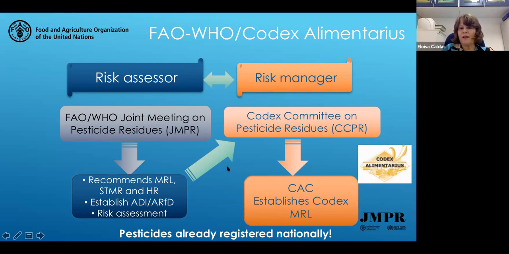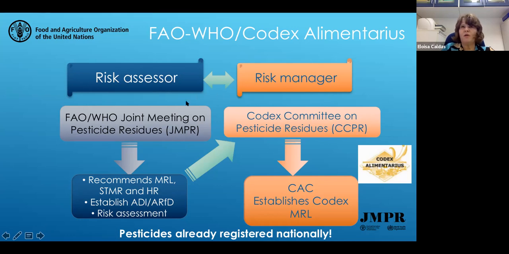For those of you who know the Codex Alimentarius steps, it goes from 1 to 8, and 8 is really the adoption of the Codex MRL. And before 2007, there was a CCPR meeting here in Brazil, and it was in that meeting, and I was present, by the way, that it was decided to accelerate this process.